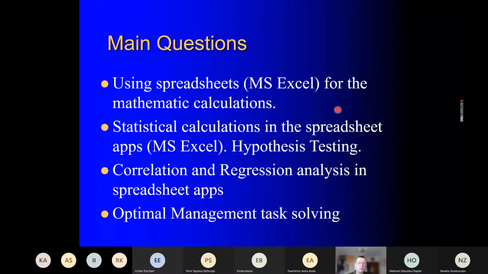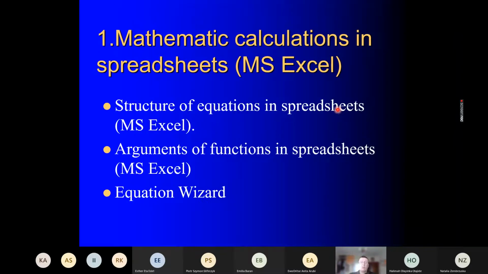So let's proceed with the first question, which I will cover very quickly because it's a kind of requirement for the course, and it's very well explained in various online resources.